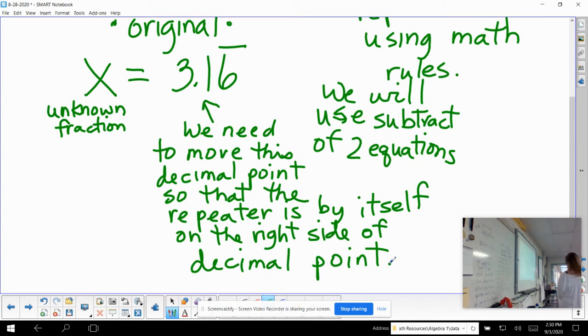We got to move that decimal point so that this repeater's by itself and the decimal point's right there.